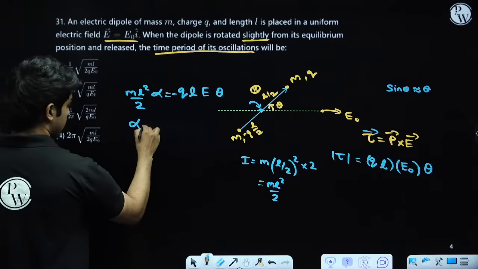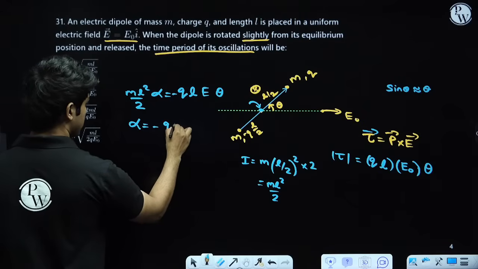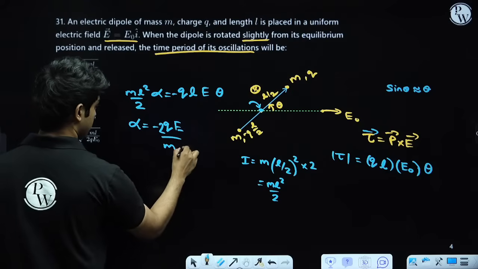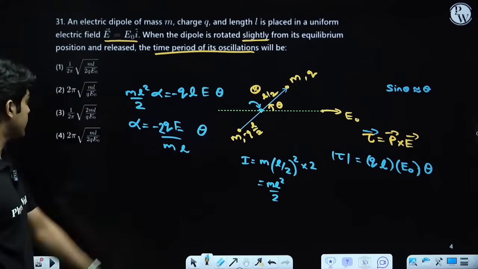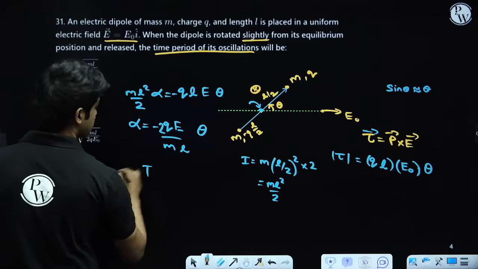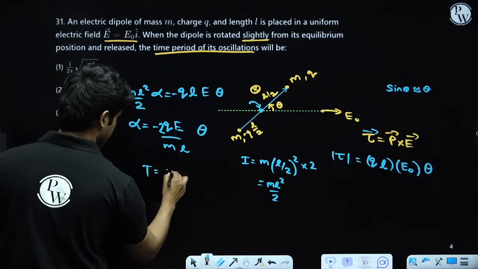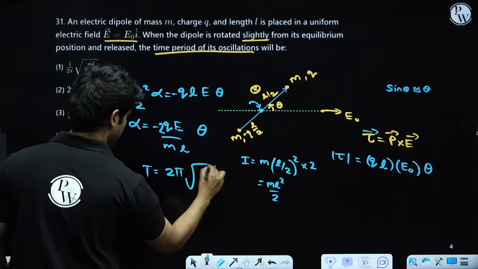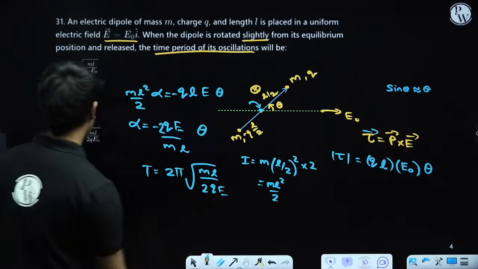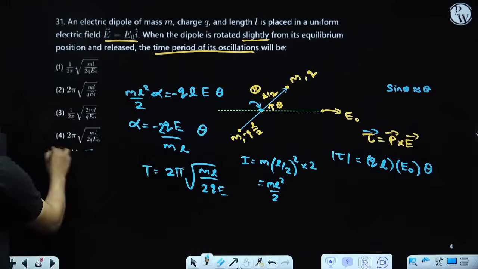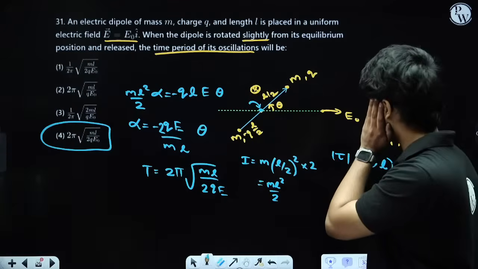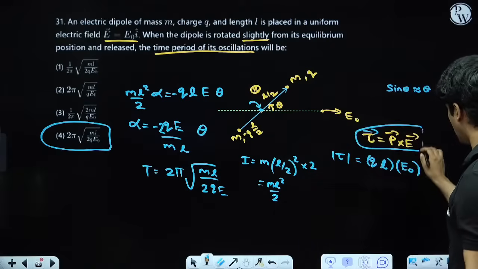So from here we get alpha equals minus 2 Q E divided by mL into theta. Now this is omega square. So 2 pi by omega is the time period, right? So the time period will be 2 pi square root of mL divided by 2QE. This will be the answer. So this is a mechanics plus dipole motion problem.